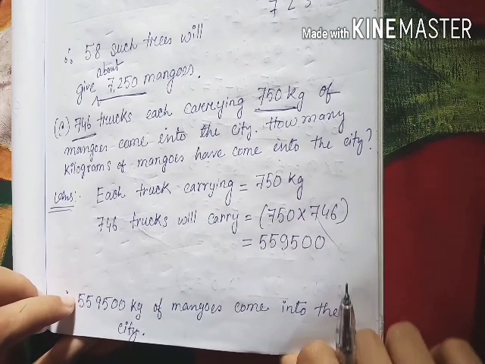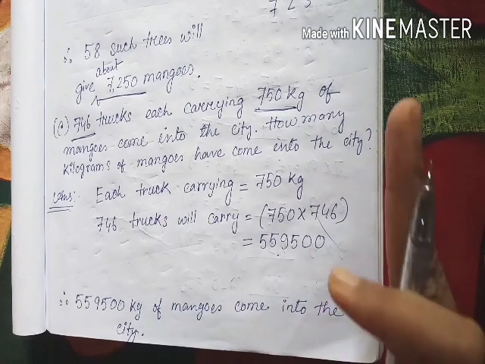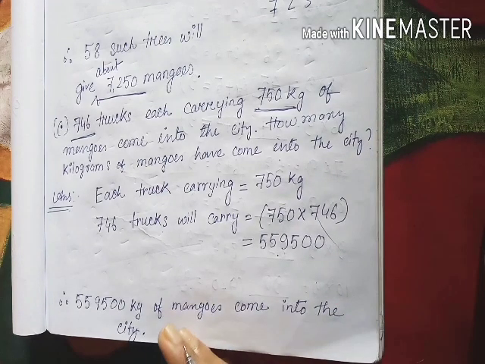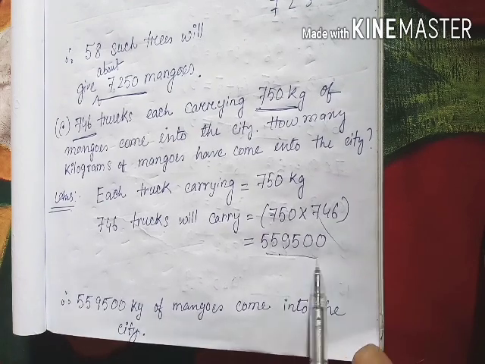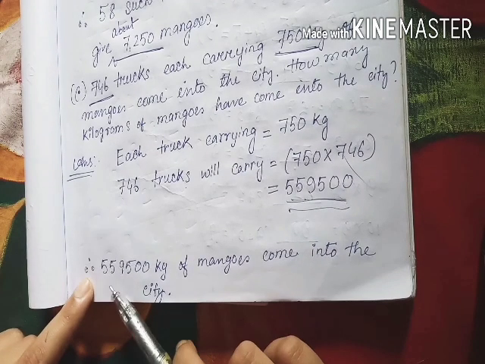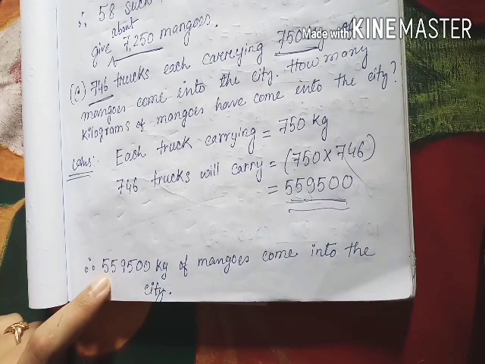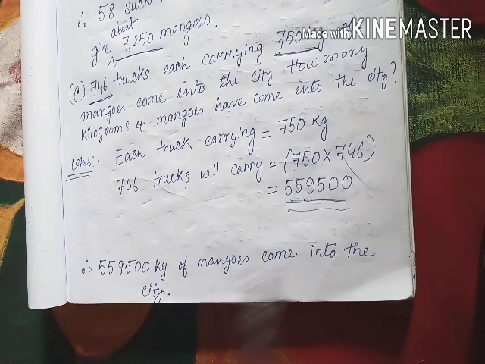So you have to show how you are getting this. Just now we have discussed a lot of examples, so you just do it and you will definitely find this answer. At last you have to write a statement that therefore 5,59,500 kg of mangoes come into the city.